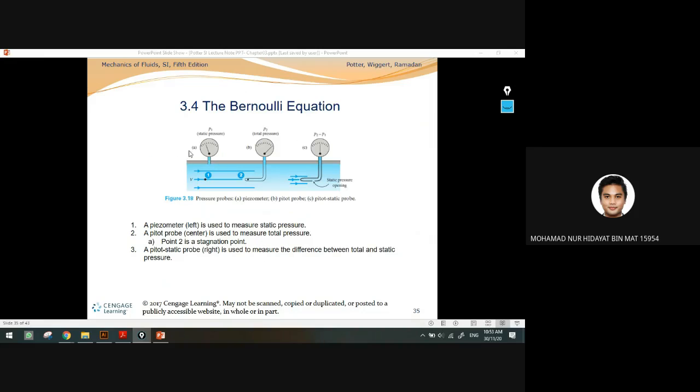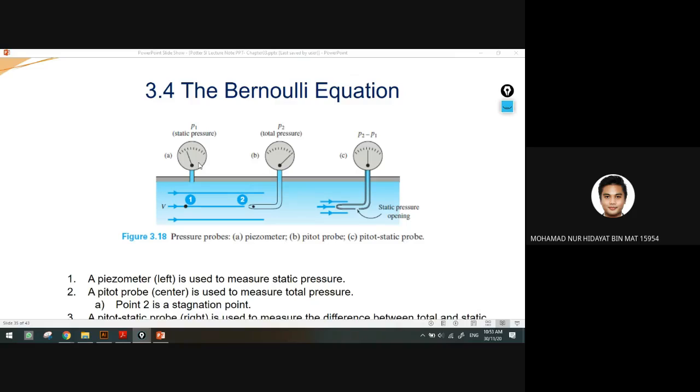So this is actually the measuring device. Measuring device number 1, on the left side, is the piezometer. It's used to measure the static pressure. The middle part is the pitot probe. It's used to measure the total pressure based on the stagnation point. You can see velocity at 1 goes to velocity 2, it tries to decelerate because there is an obstacle.